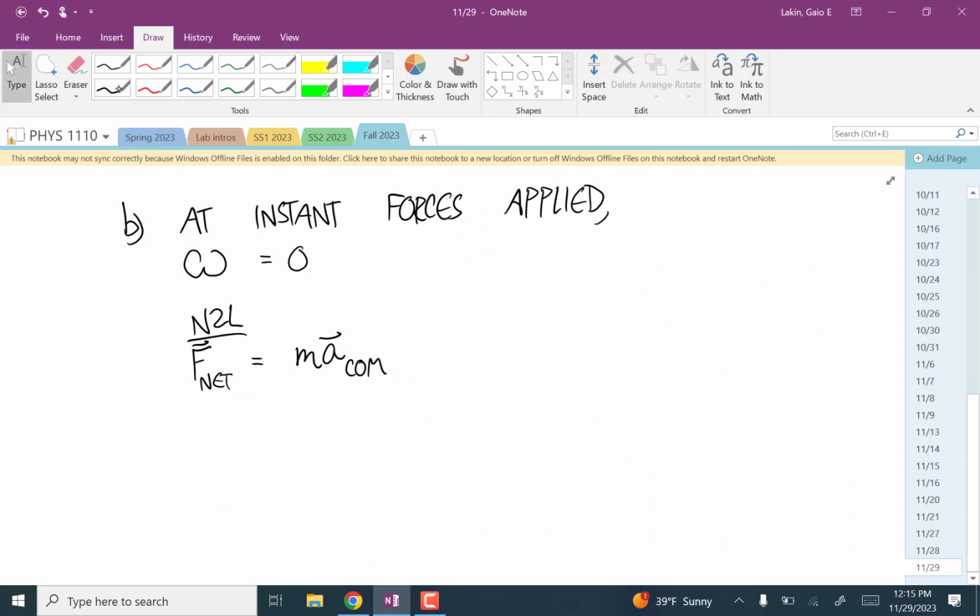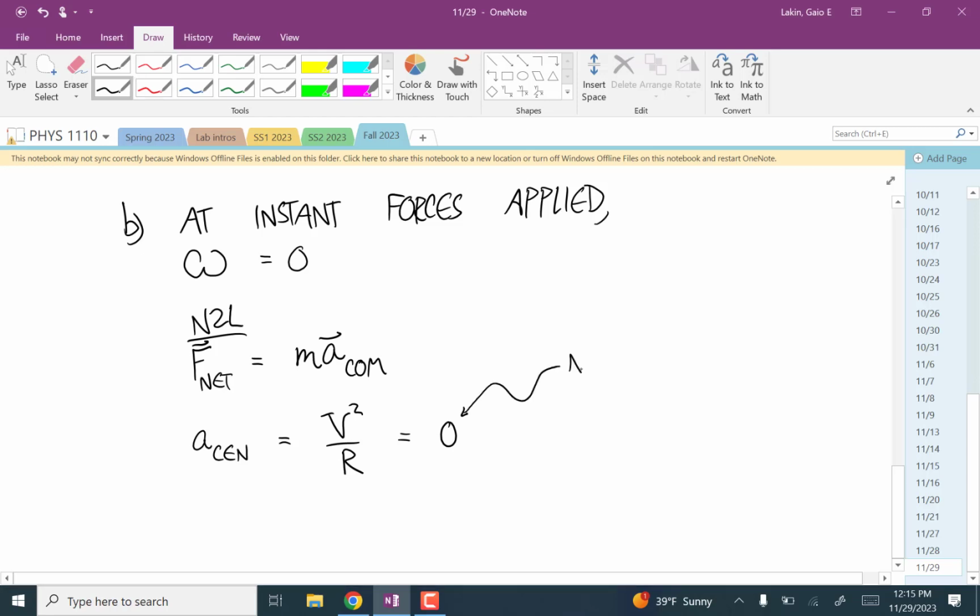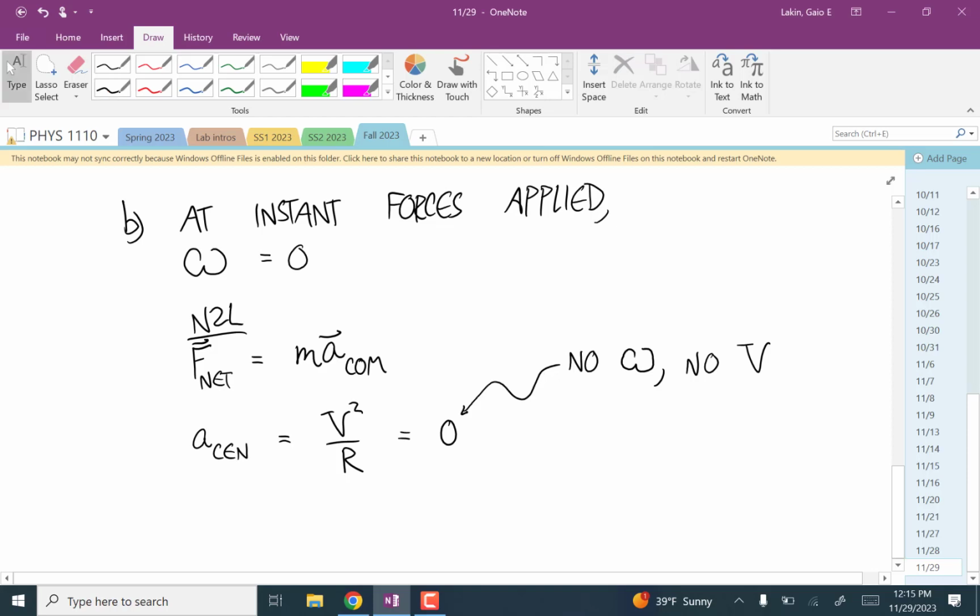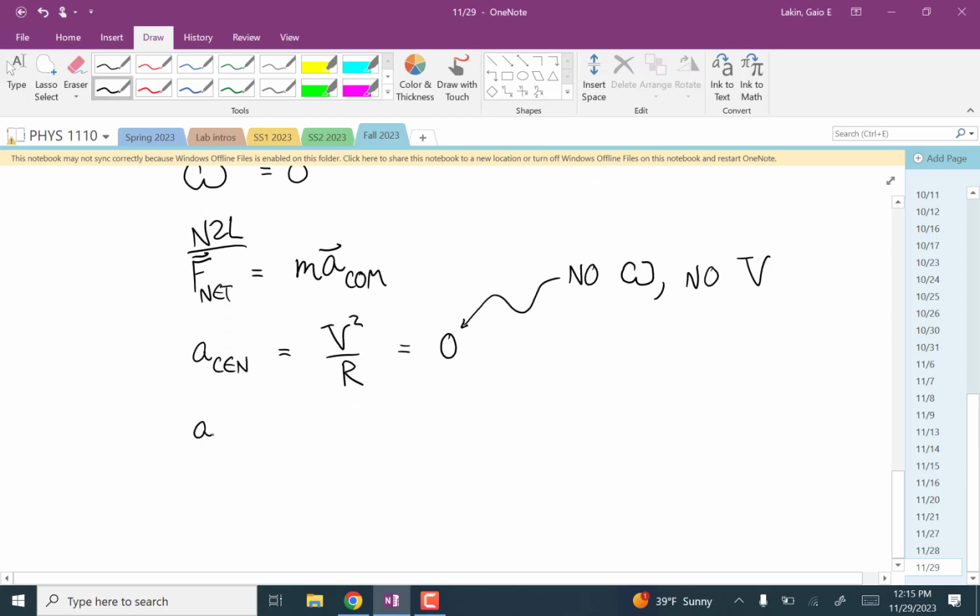So the magnitude of the centripetal acceleration is v squared over r. Well, if there's no angular velocity, there's no v, so this is just going to be 0. If there's no angular velocity, that means there's no speed either. What about the magnitude of the tangential acceleration?